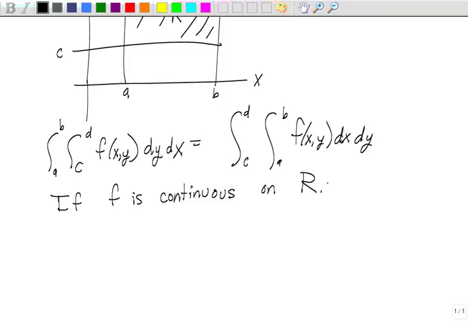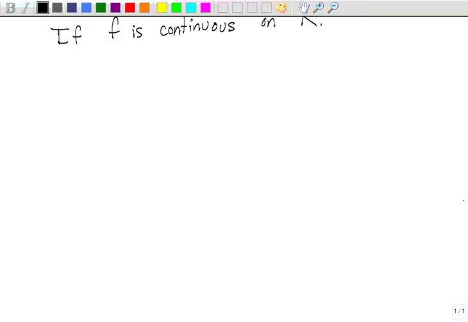So those two are equal. What that's telling us is that the order of integration doesn't matter. We could do x first or y first, and I'll show you that in this example.